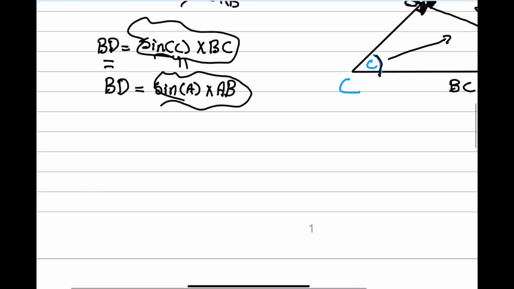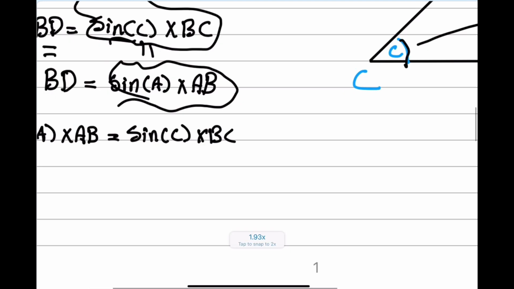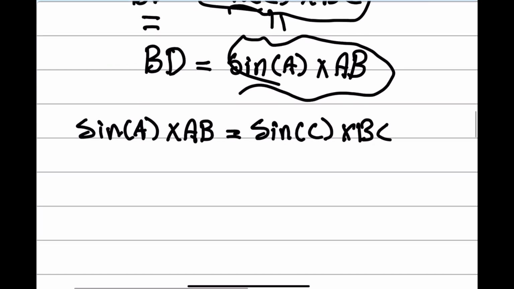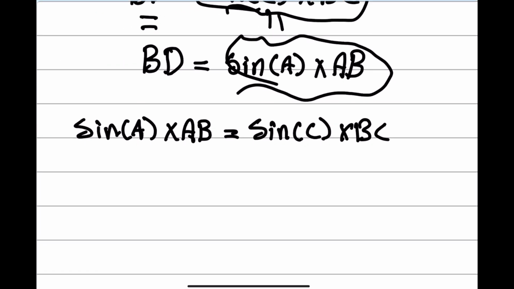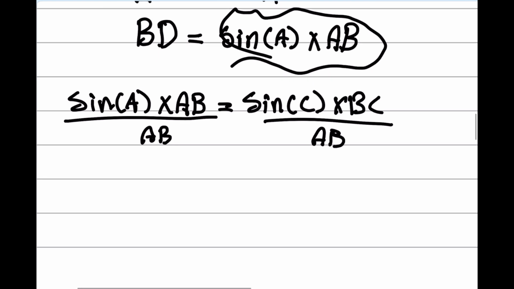So let's write it down: sine A multiplied by AB is equal to sine of C multiplied by BC. Again we do the same thing, divide by AB, and this will be cancelled.